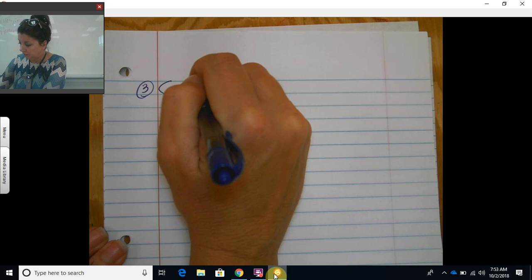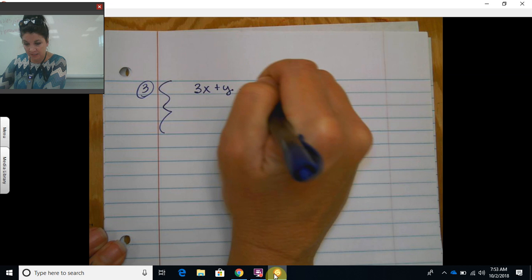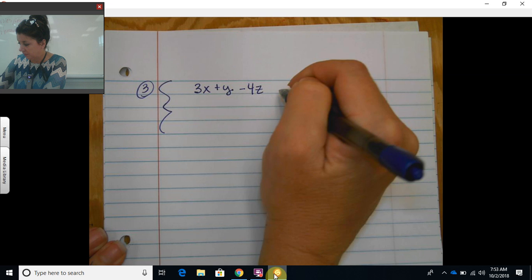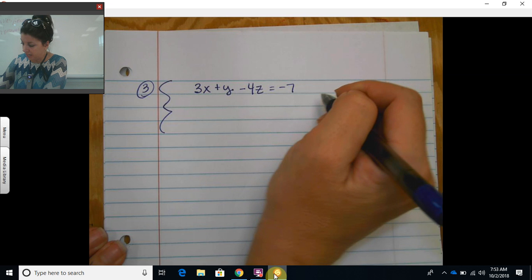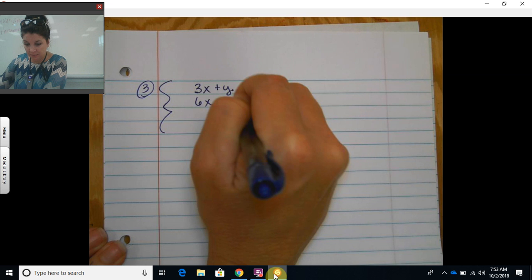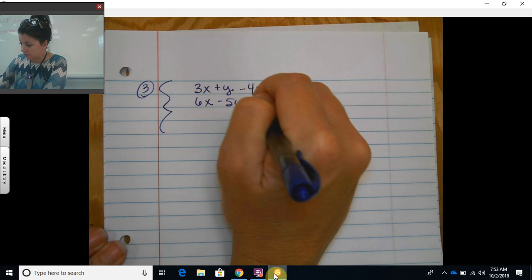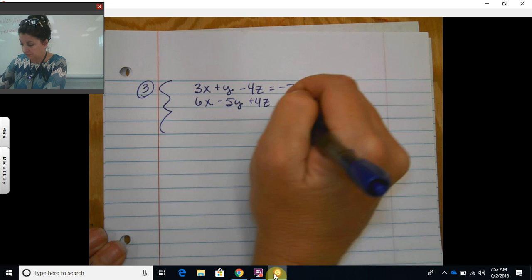Okay, I have 3x plus y minus 4z equals negative 7. And the next equation I have 6x minus 5y plus 4z equals negative 7.